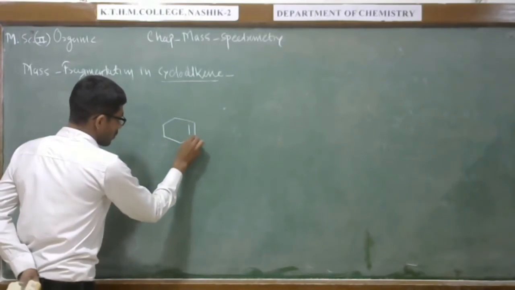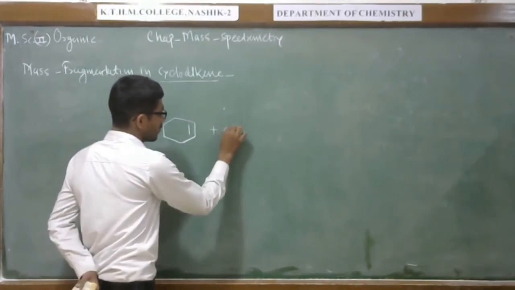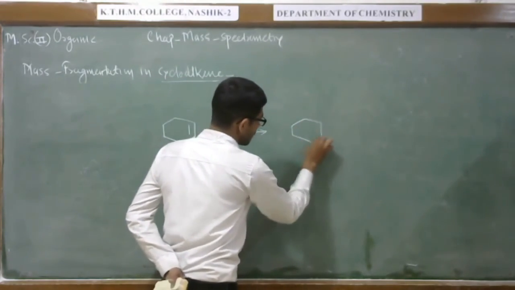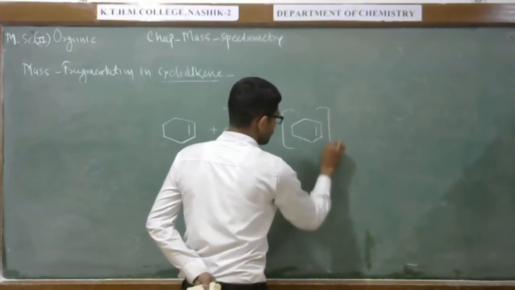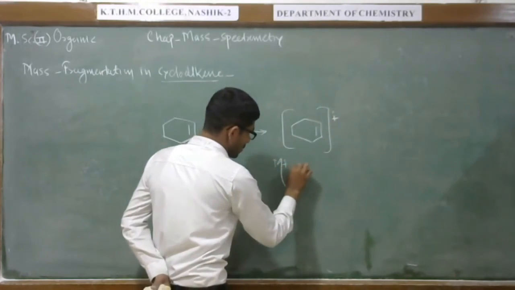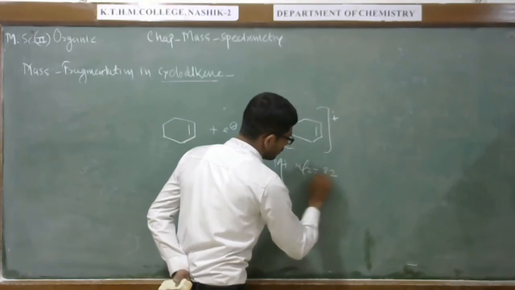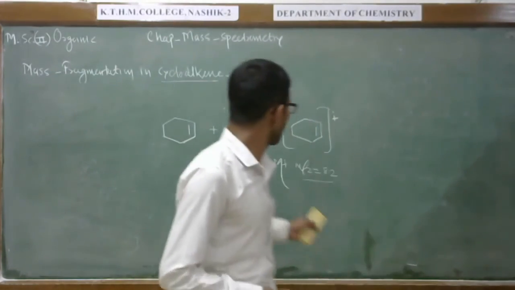So this cyclohexene, when bombarded with electrons, we can observe the molecular ion peak like this. Molecular ion peak mass to charge ratio 82. So at this value we can observe the molecular ion peak.